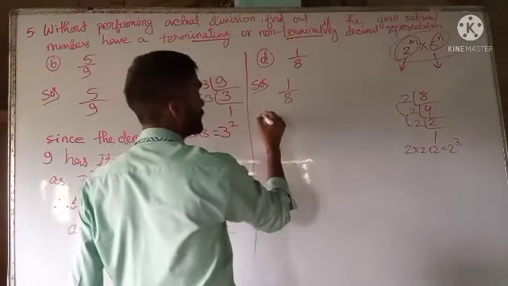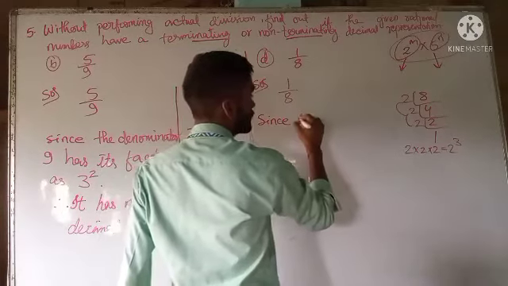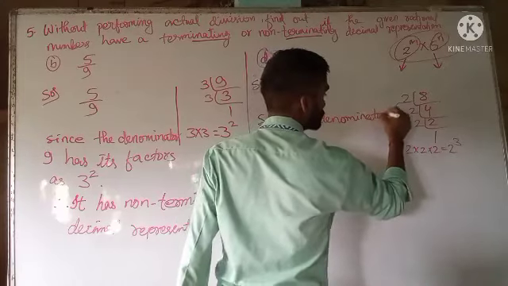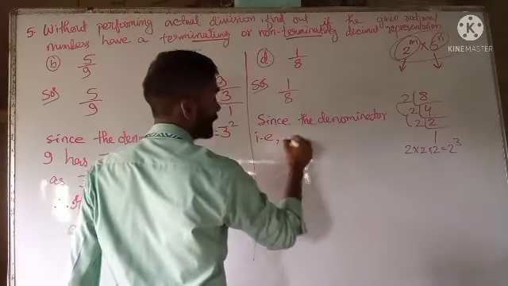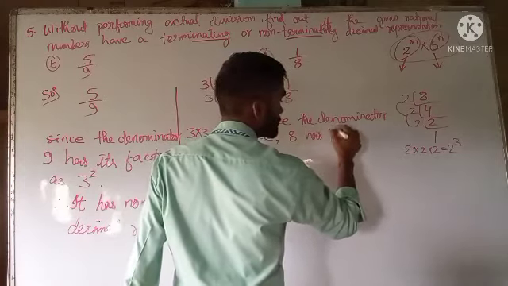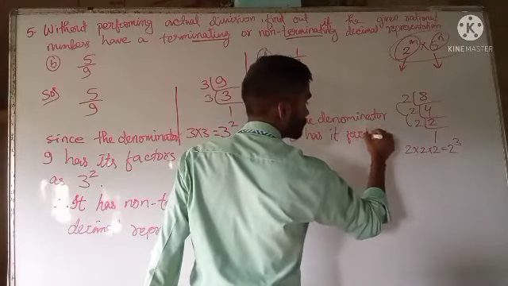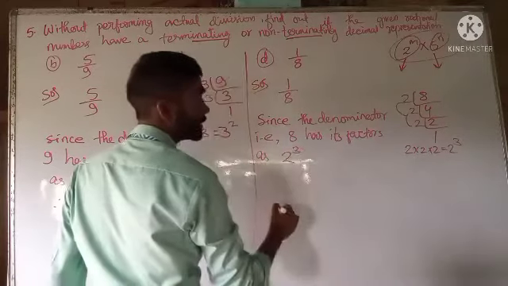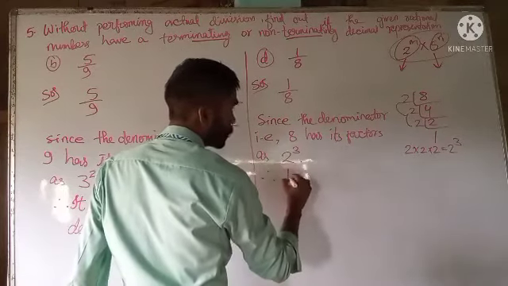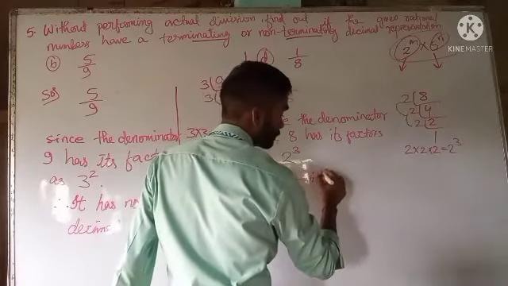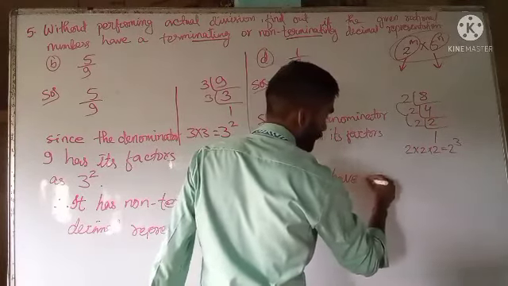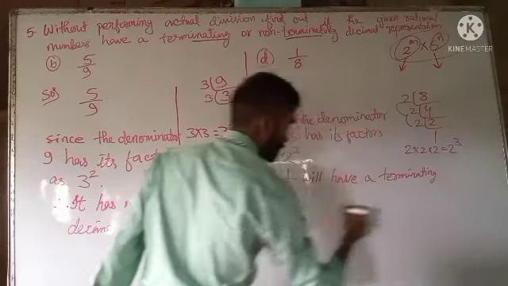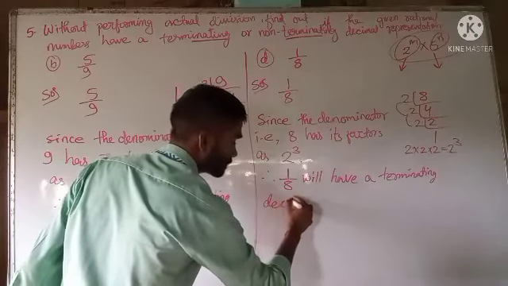So we can write here: since the denominator 8 has its factors as 2 to the power 3, therefore 1 by 8 will have a terminating decimal representation.